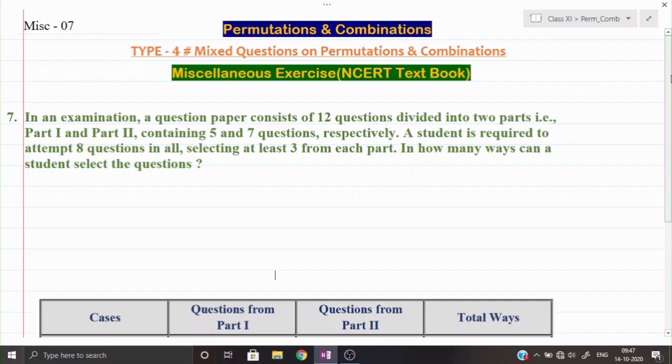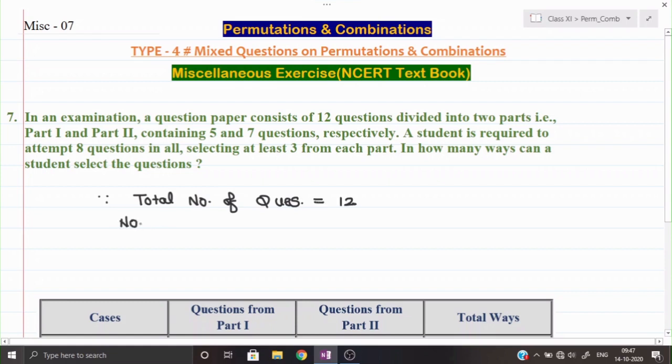From both the parts you have to attempt a minimum of 3 questions, and the total should be 8 from both the parts. Okay, so here first of all we shall mention, since the total number of questions is equal to 12.